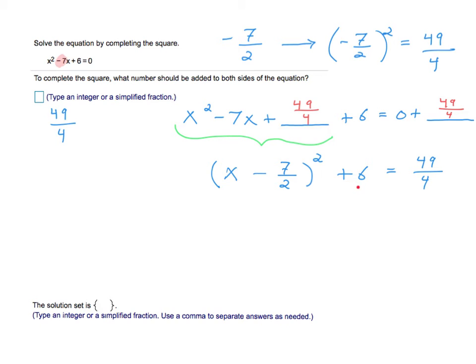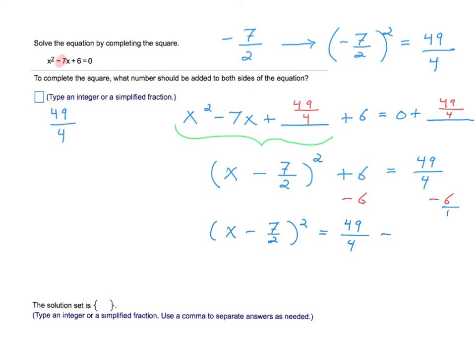Step 1 will be to subtract 6 from both sides of my equation. I'll then take the square root of both sides, and then I'll have to deal with this -7/2. So I'll subtract 6 from both sides of my equation. This gives me x minus 7/2 squared is equal to 49/4 minus 6, and I need a common denominator.